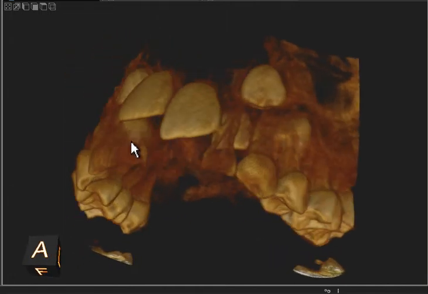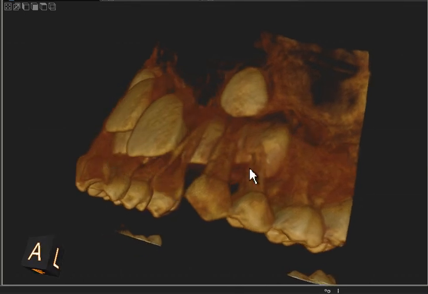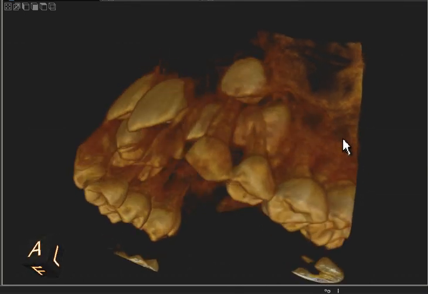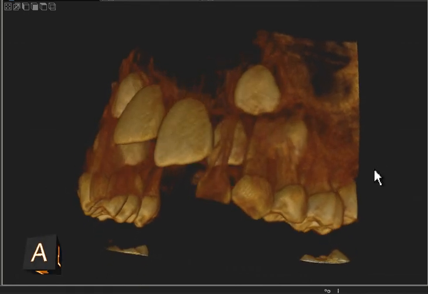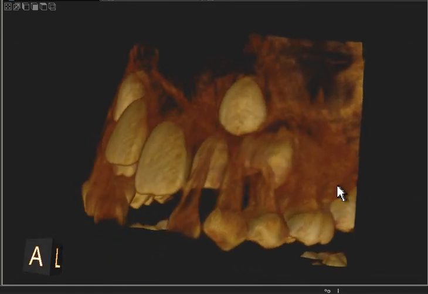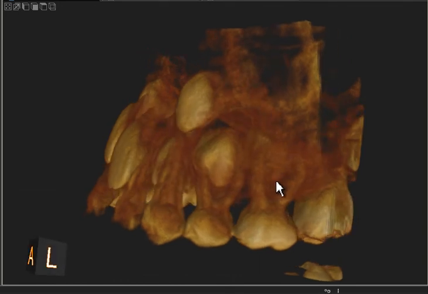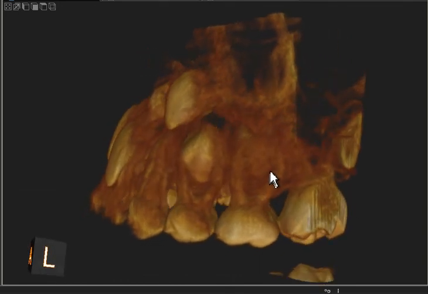You can see the same thing happening over here. It's also nice to know that there aren't any other teeth that we can't see in our panoramic x-ray when we have this view.